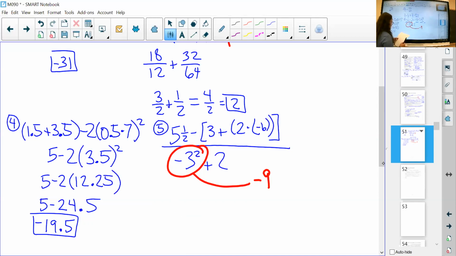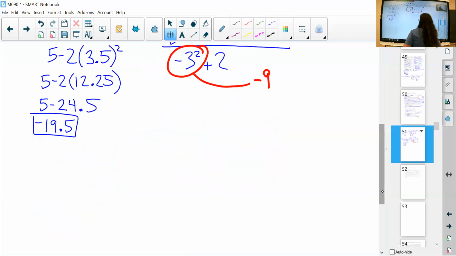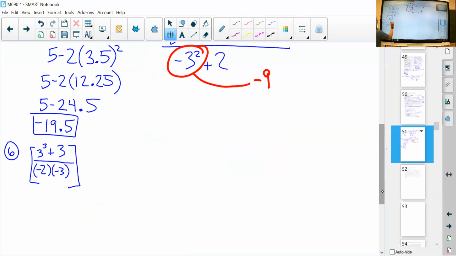Number 6. We have 3 cubed plus 3 over -2 times -3. Let's square that and add -2 squared over 3.